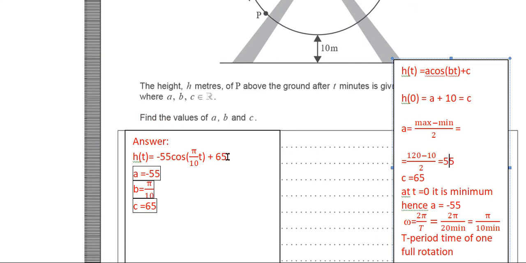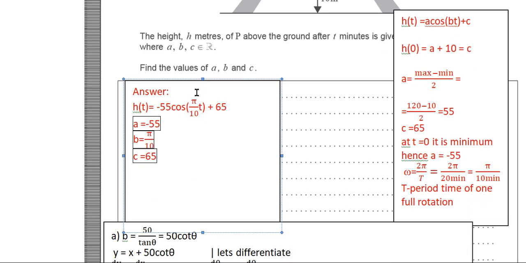So we found the constant and amplitude. We put minus because it has phase. The cosine function has phase, and because it has period 20 minutes, omega t turns into pi over 10.